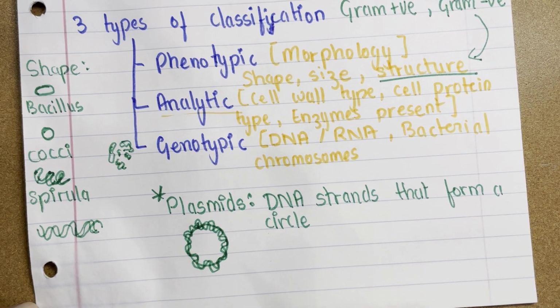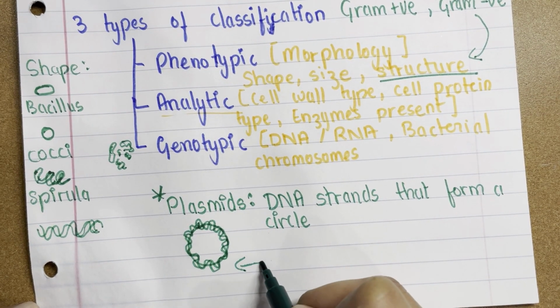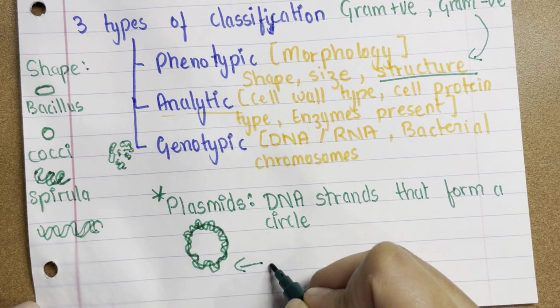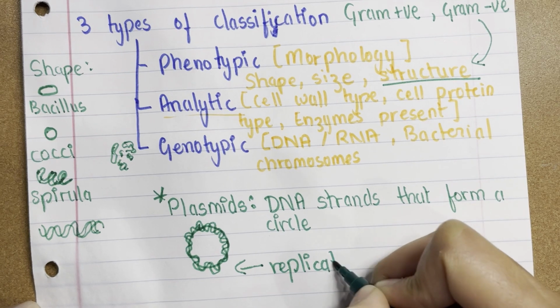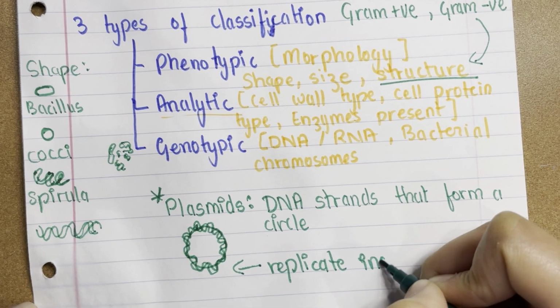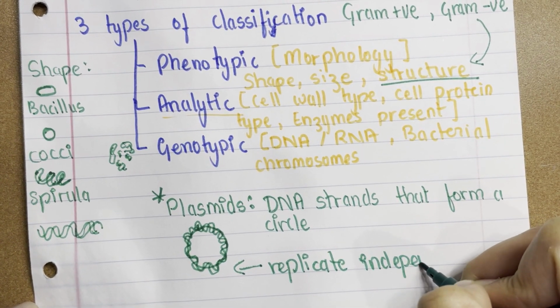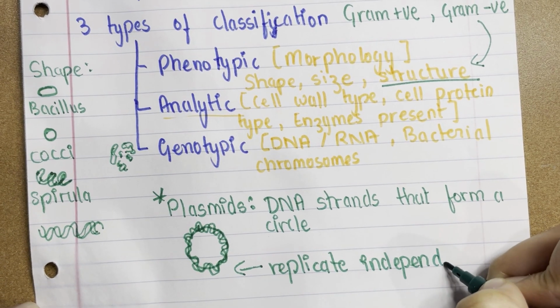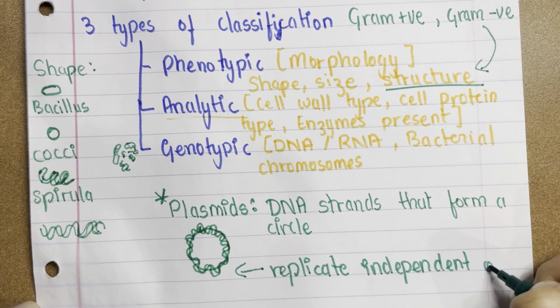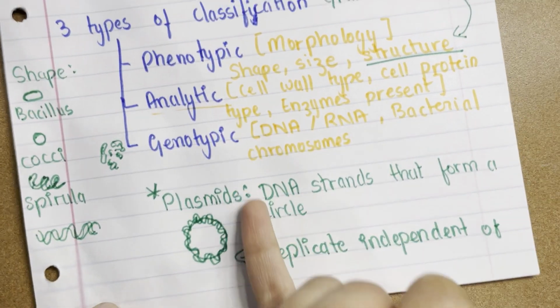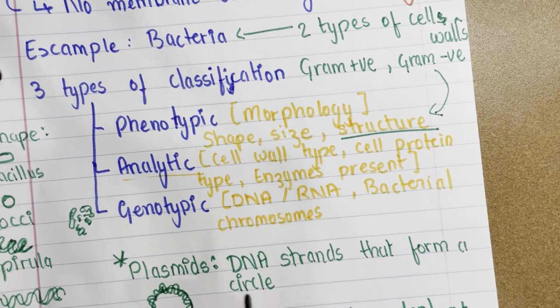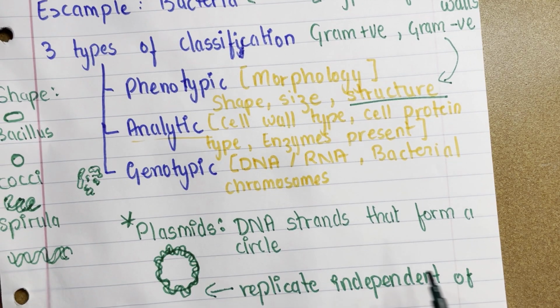So these are plasmids, and it's important to know that their replication is independent of the normal cell chromosomes. So plasmids are like extra chromosomes.